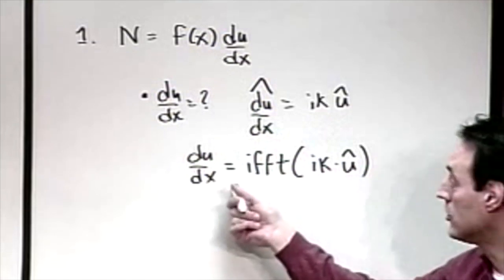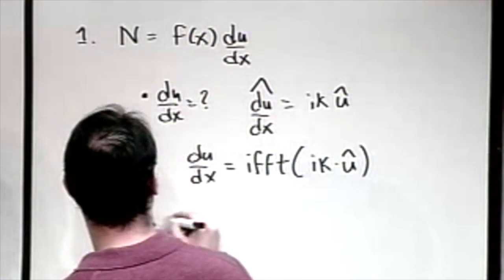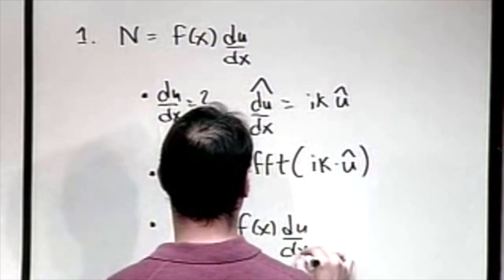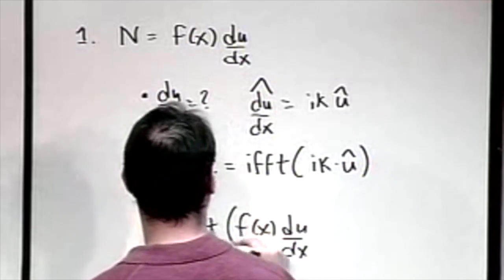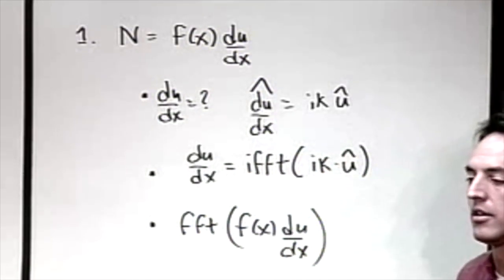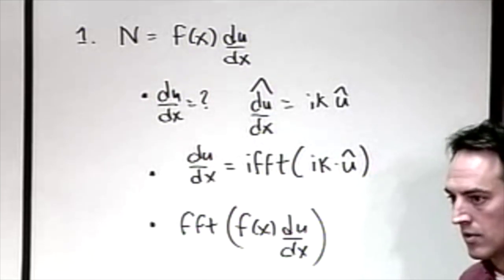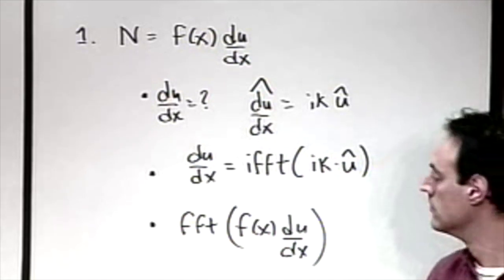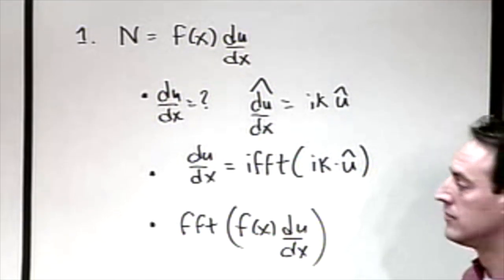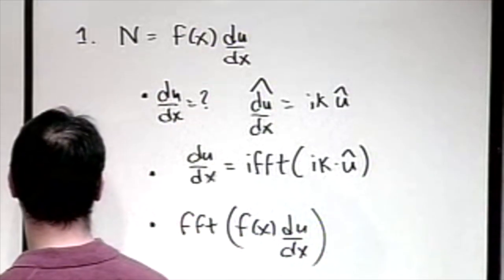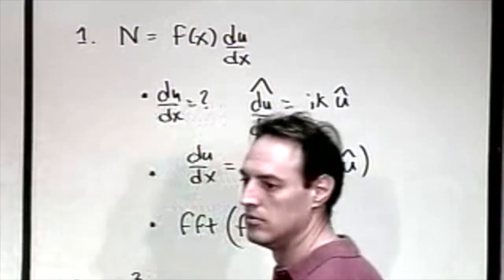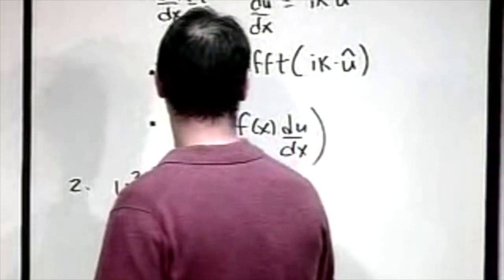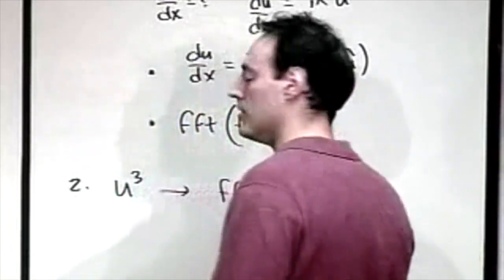Now once you have du dx, you take this du dx, multiply by your f of x, and then you Fourier transform that whole thing. Now you're ready to actually calculate that term. Everybody good with that? What about a nonlinear term like what I wrote over there, which is u cubed? Well, this is really easy. All you've got to do is Fourier transform u cubed. You're done.